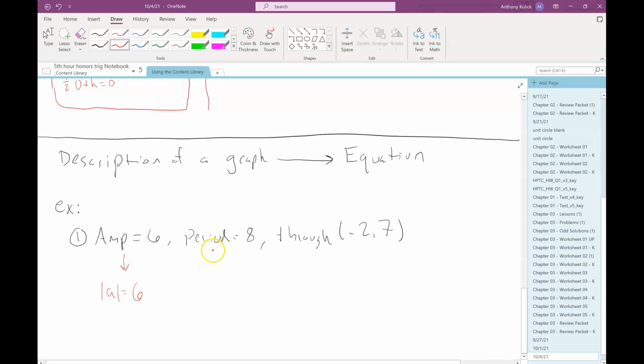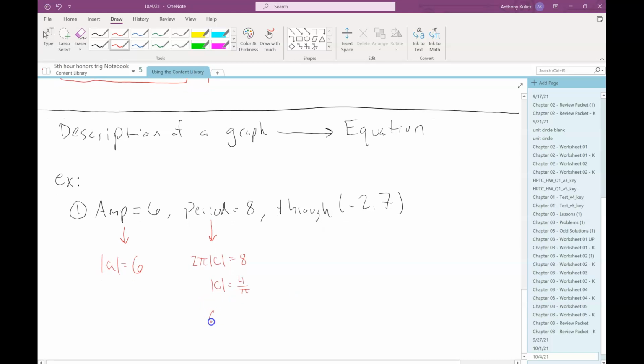What is the period going to get me? Yeah, so we know that the period is 2 pi over the absolute value of C. So I can use that to solve for the absolute value of C. And just like before, I am always going to assume that C is positive.